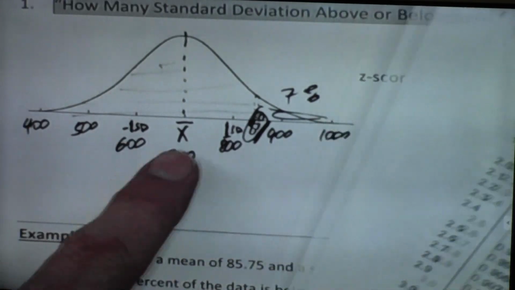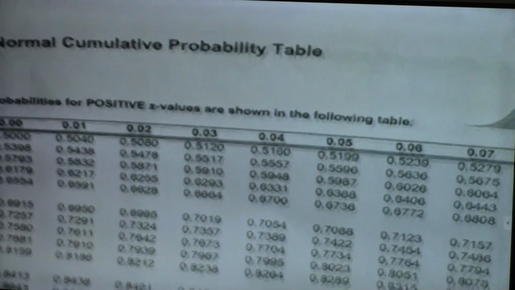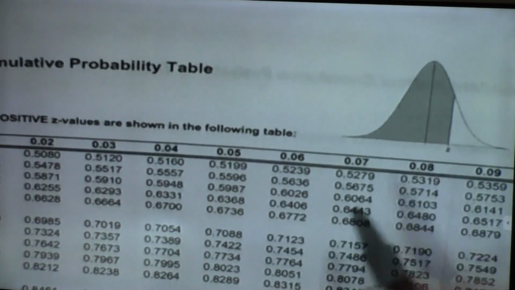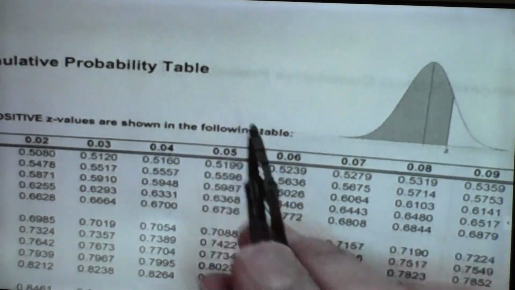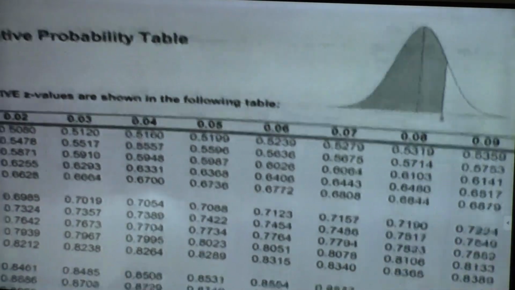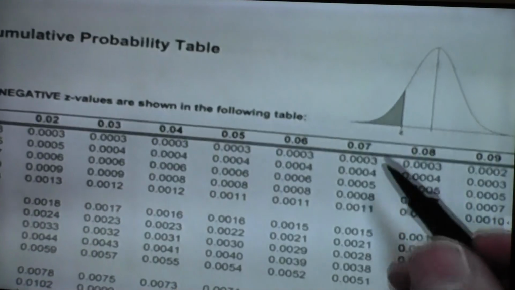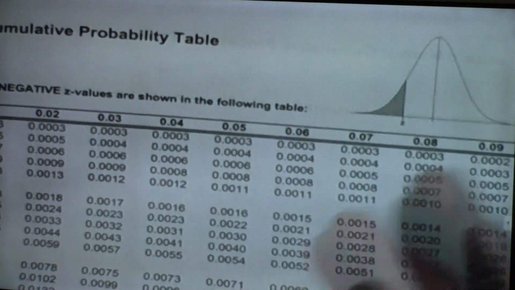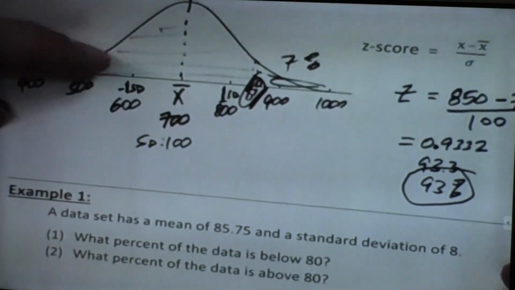This only gives you the amount that's below it. That's why on the top of these tables you see this. So all of these numbers are telling you it's all the data that's below whatever your z-score is. And on the other side, it's telling you the negatives, and it's the same idea, it's the one below it. So if you want to know above, you're going to have to subtract from 100.